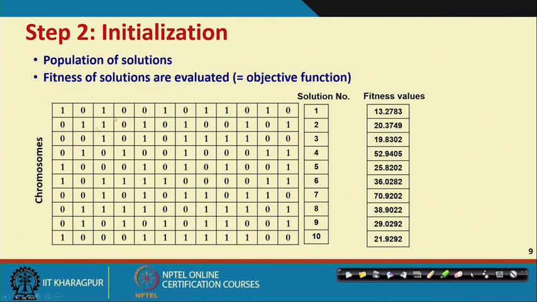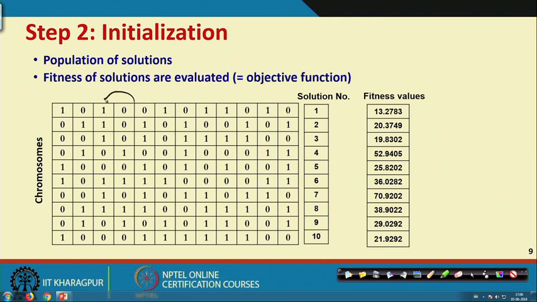Then assume the functional values, which I have not given, are the fitness values. Once again, please recall that the first 4 bits were x1, the next 4 were x2, and the next 4 were x3. So, the second one was not correct.